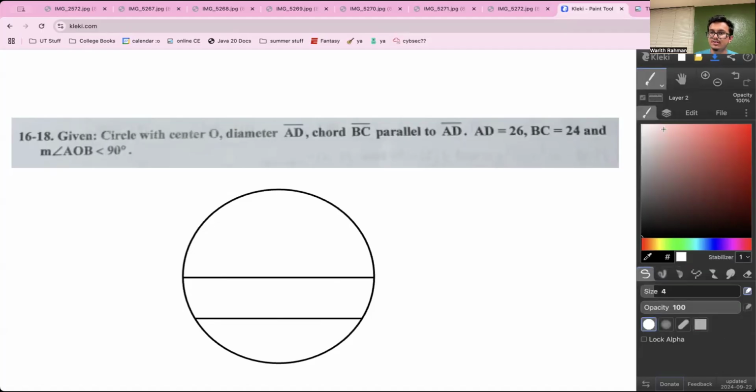You're welcome, guys. Okay. What are we given? So O is here, A is here, D is here, B is here, C is here. Okay. And we know AD is 26, BC is 24, and the measure of angle AOB is less than 90.